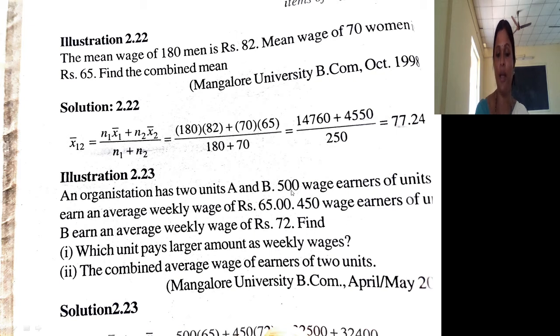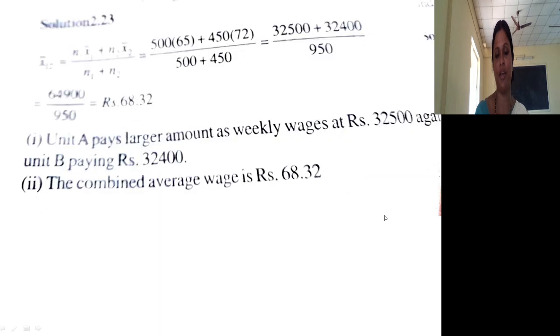When you multiply the number of wage earners in unit A with the average wage in unit A, you will arrive at the amount of weekly wages in unit A. When you multiply the average wage of 450 workers, 72, with 450, you will arrive at the amount of weekly wages in unit B. So try to understand.